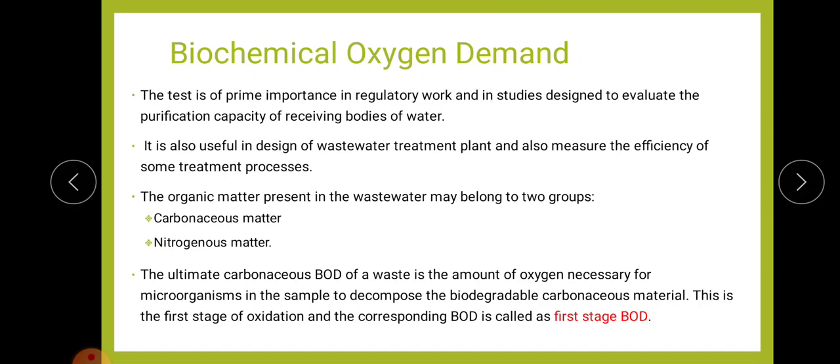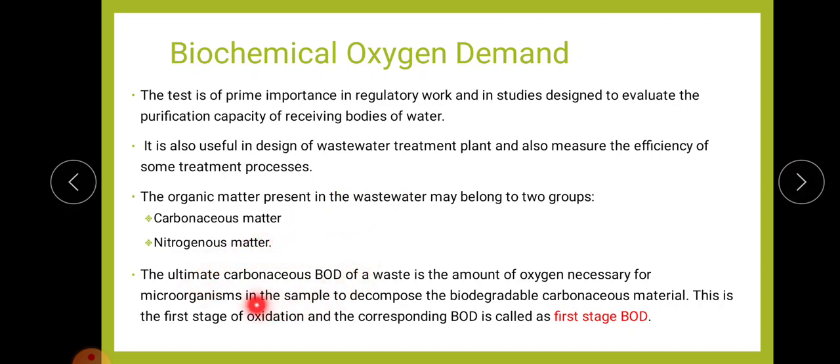The organic matter present in wastewater is usually of two types. The first is carbonaceous matter, and the second is nitrogenous matter. The ultimate carbonaceous BOD of a wastewater or waste is the amount of oxygen necessary for microorganisms in the sample to decompose the biodegradable carbonaceous material. That is carbonaceous BOD.